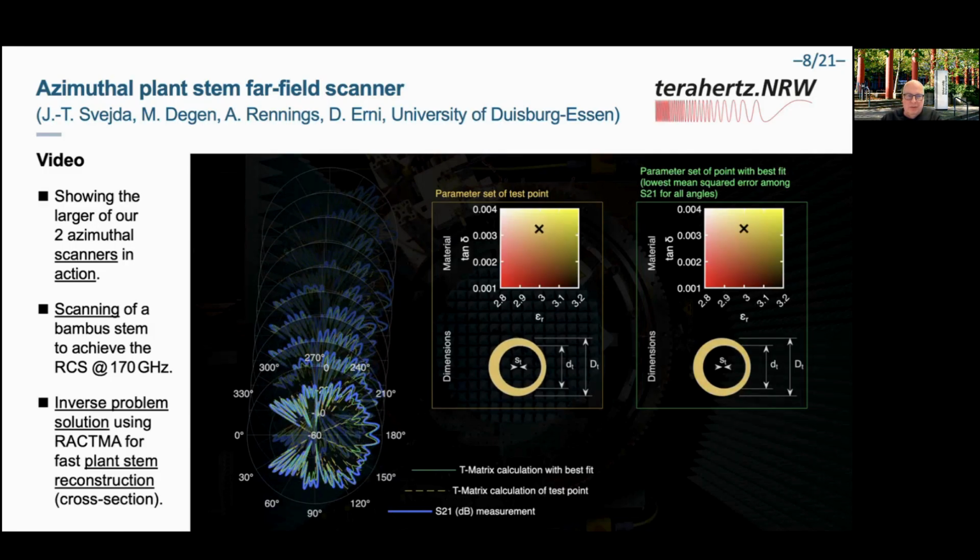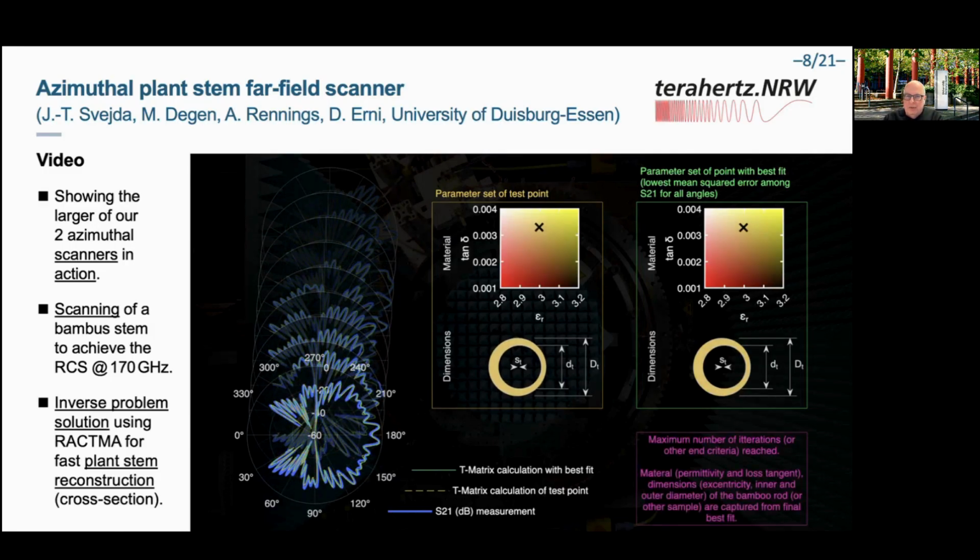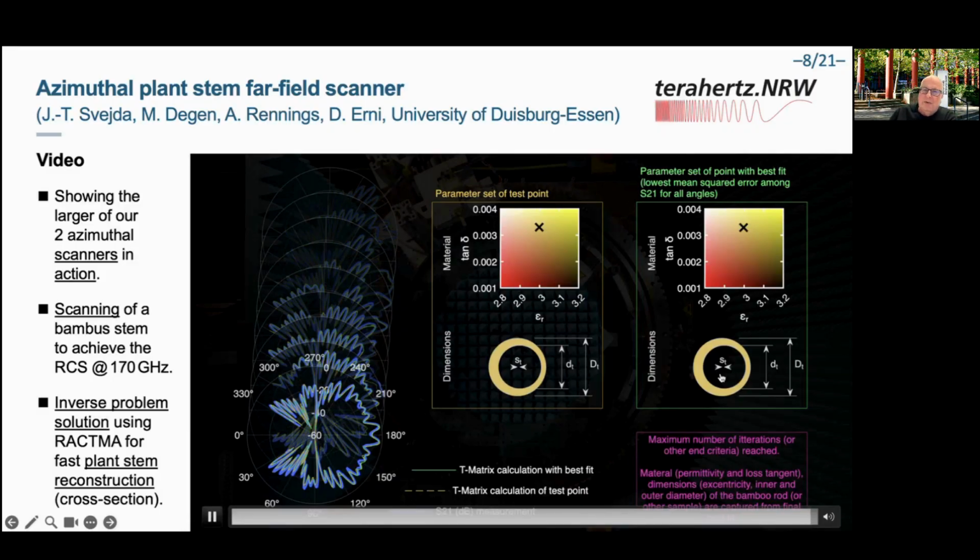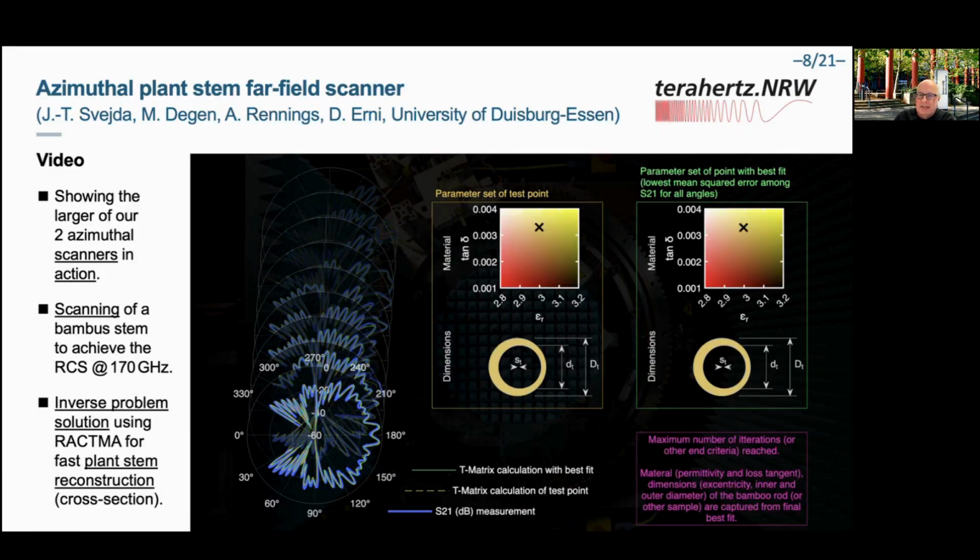And that would also provide us the reconstructed cross-section of the bamboo stem. So this looks pretty fast, but it's actually a slowed down version, because using our algorithm in real time, that would have been carried out within parts of a second.